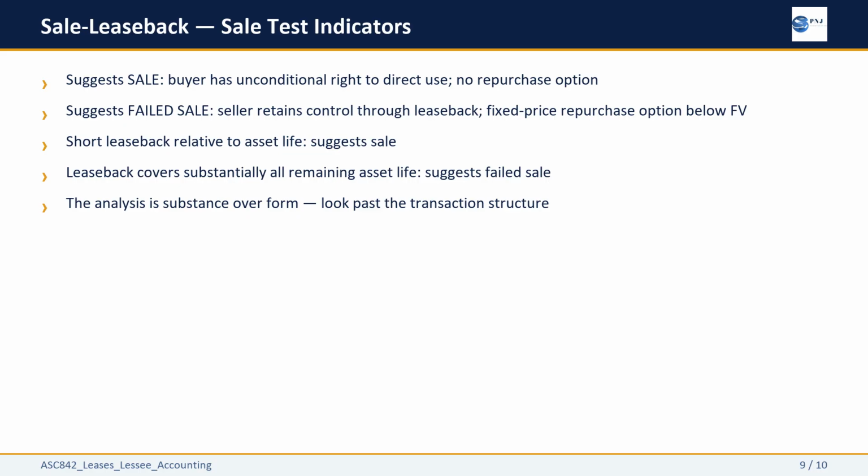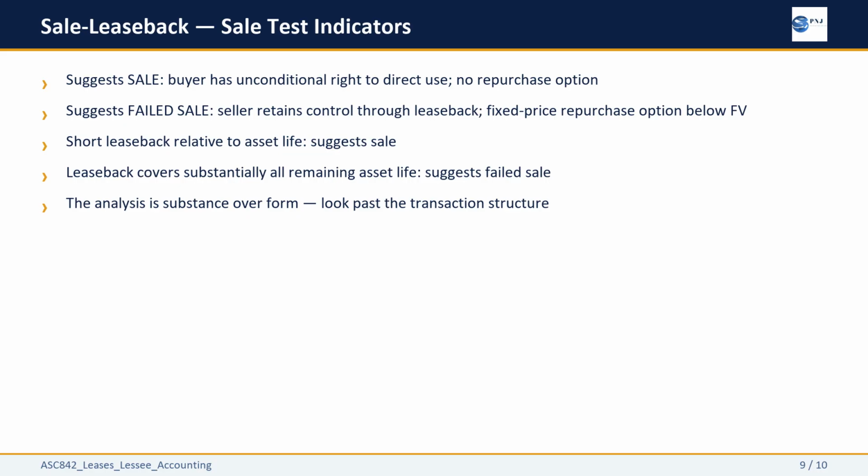There is a fixed price repurchase option below fair value, which is essentially a guaranteed buyback. Or the leaseback covers so much of the asset's remaining useful life that the buyer never really gets to use it independently. When the sale test fails, the economics of the transaction are really those of a secured borrowing, not a property sale.